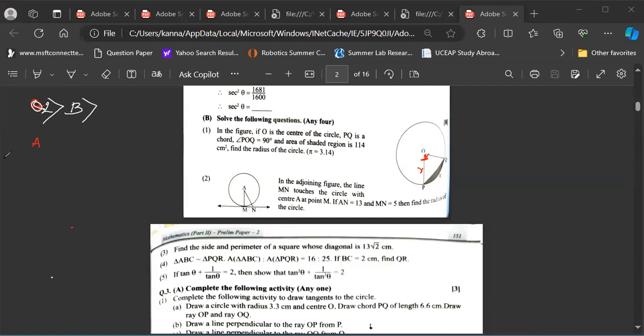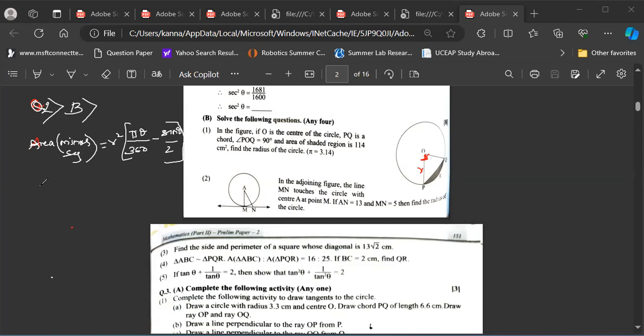Area of a minor segment equals r square, pi theta upon 360 minus sine theta upon 2. Now you can see this is a formula. The area of this minor segment PQ, the shaded region, is nothing but a minor segment.